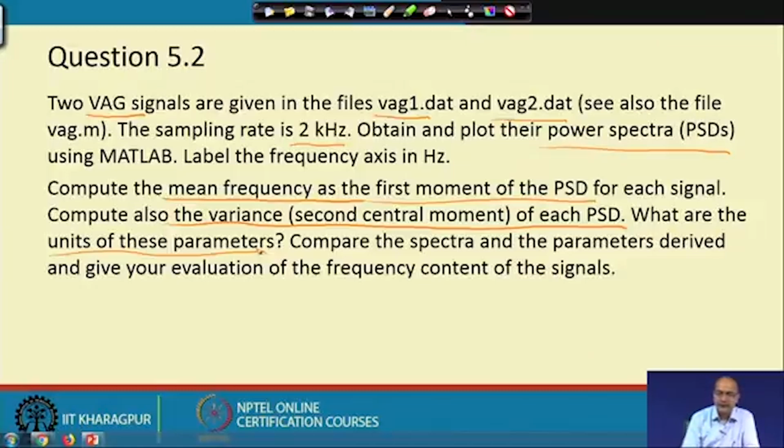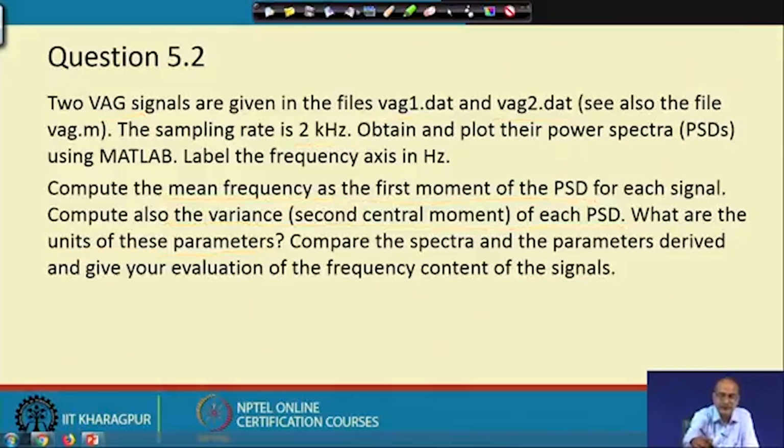And we have to compare the spectra and the parameters derived, and based on that we need to compare the two signals.